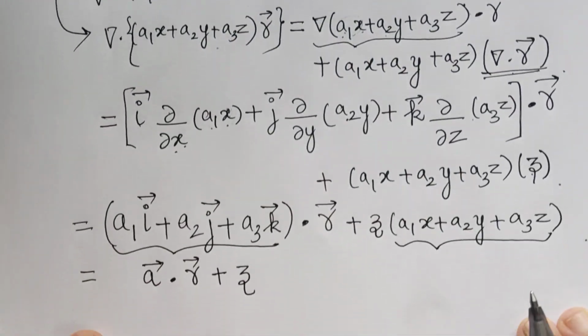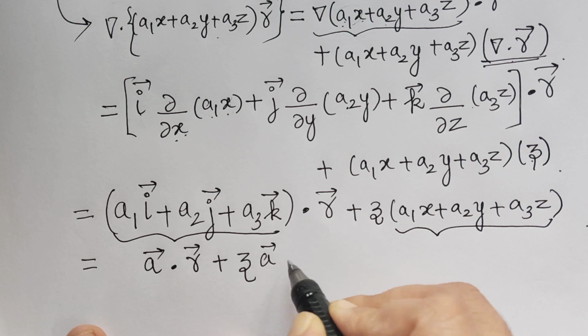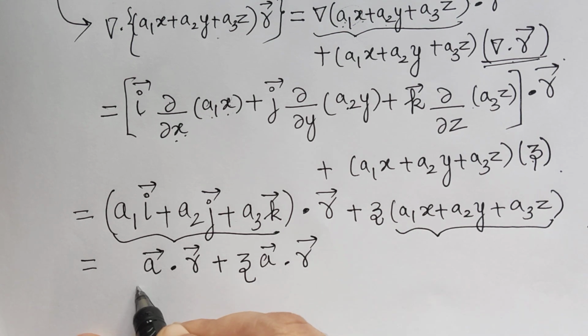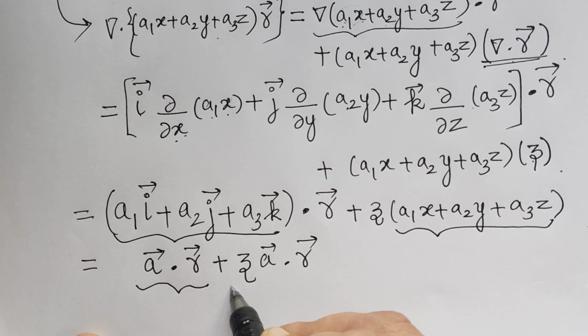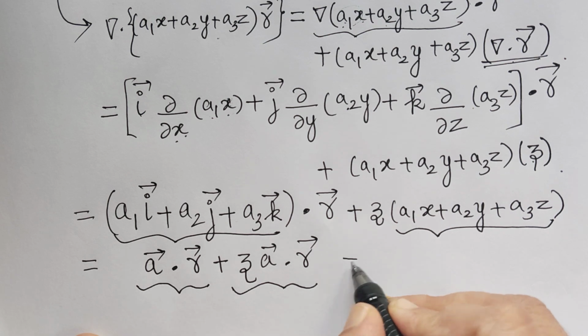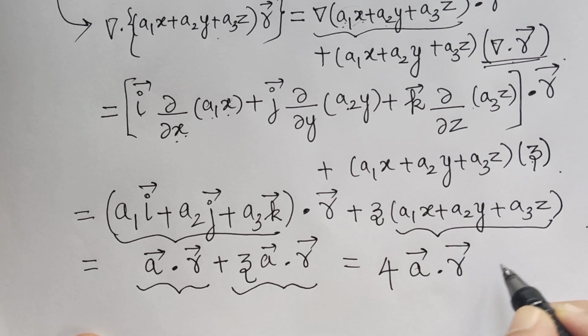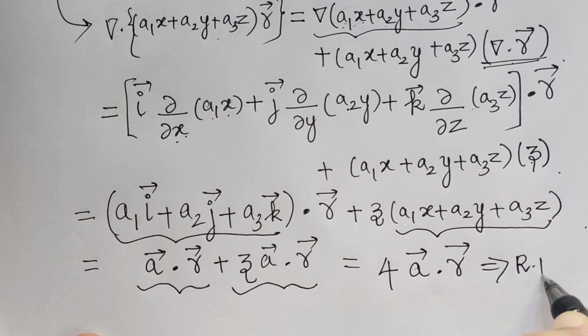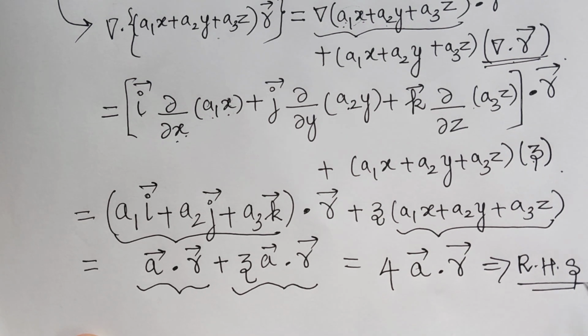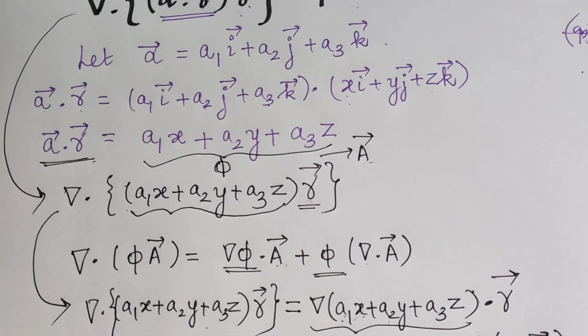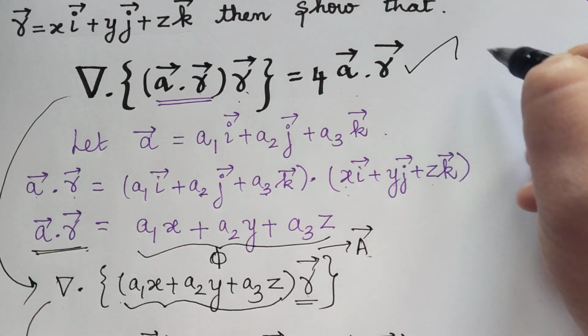So we can replace it by A vector dot R vector. Now A vector dot R vector plus 3 times A vector dot R vector will give us 4 times A vector dot R vector. So this is the right hand side that we require. If you see, we have proved the required result.